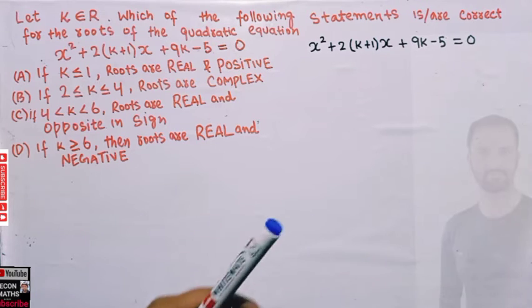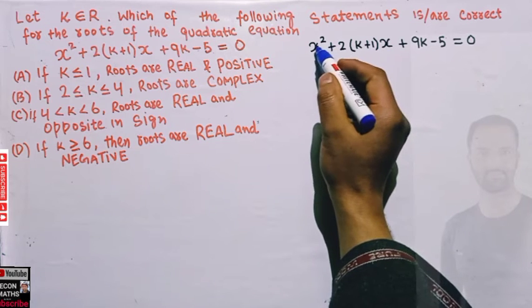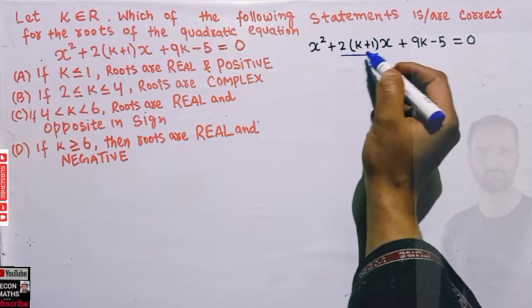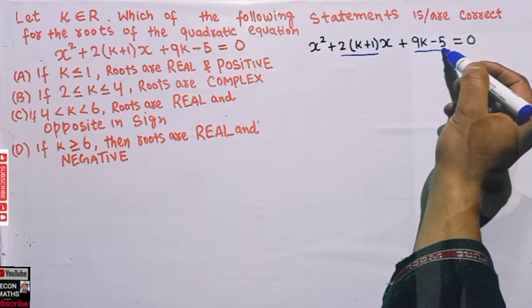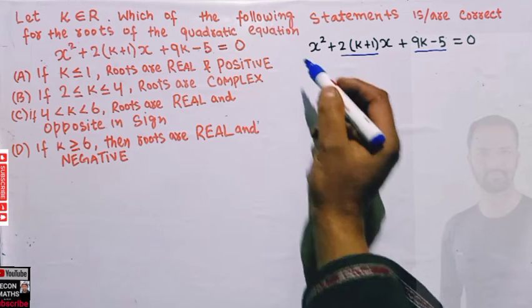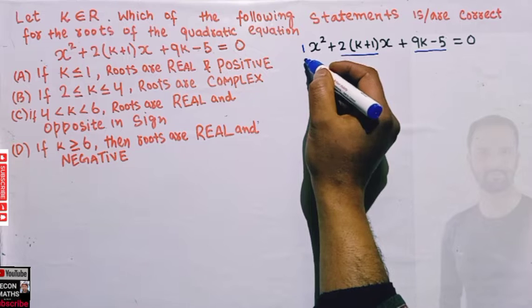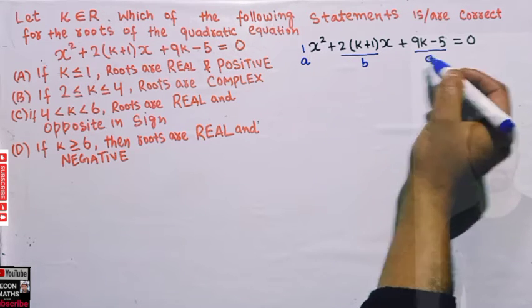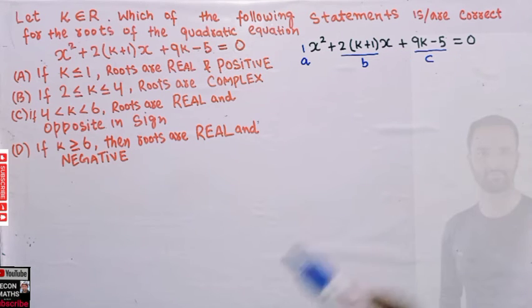Here you can easily see the coefficient of x square is 1, the coefficient of x is 2k plus 1, and the constant term is 9k minus 5. Let's write the coefficient of x square as 1, so I will write this as a, this is b, and this is c. These are the coefficients of x square, x, and obviously we have the constant term.